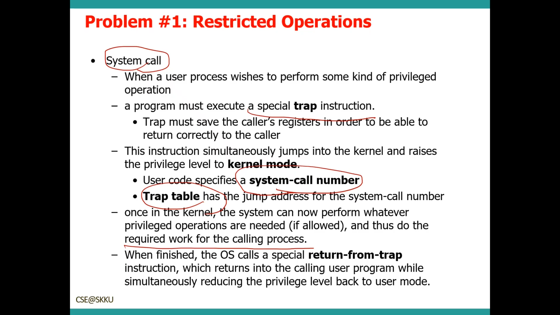When finished with the system call service, the operating system calls a special return-from-trap instruction. Then it returns into the calling user program while simultaneously reducing the privilege level back to user mode.